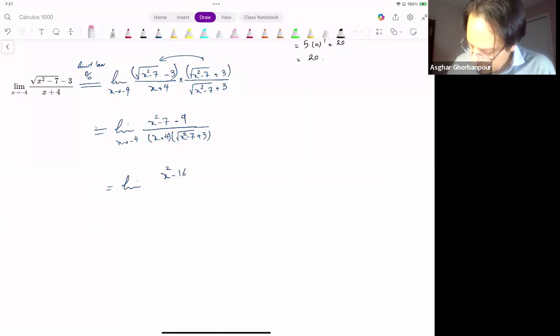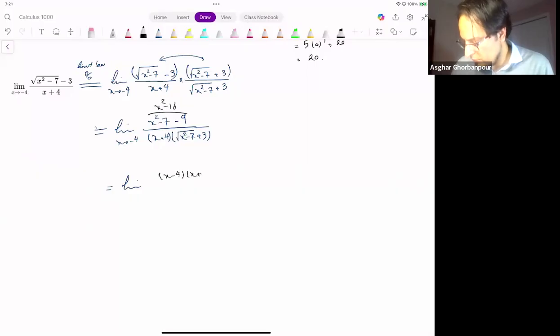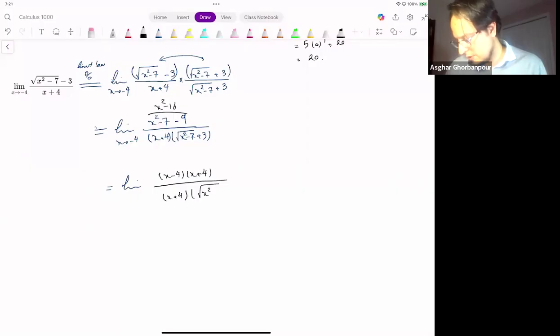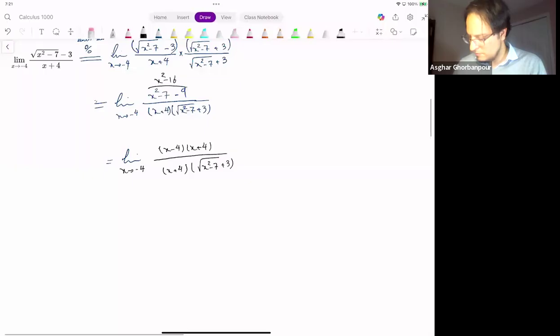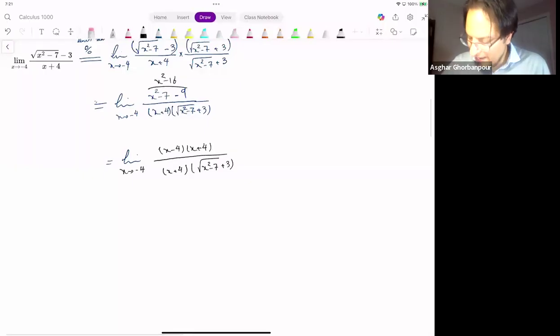If I write this x squared minus 16 up there, I can now factor it as x minus 4 times x plus 4, and then divide by x plus 4 times root of x squared minus 7 plus 3, as x goes to negative 4. Remember, the vanishing factor is always x minus a.